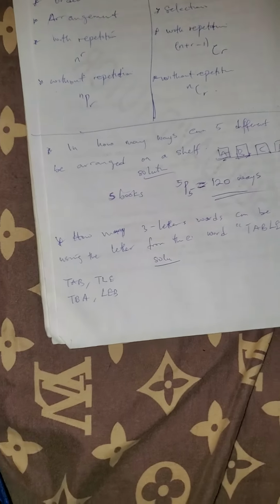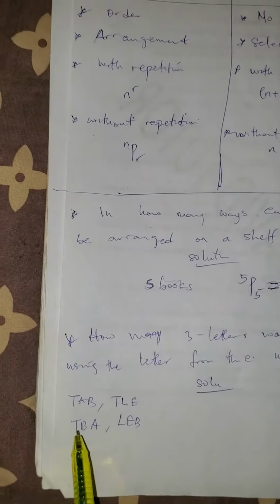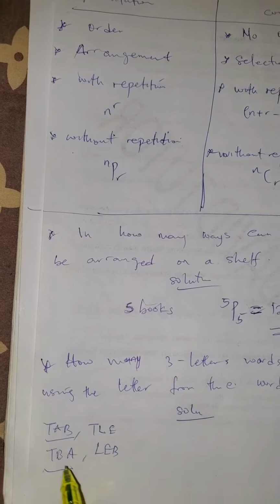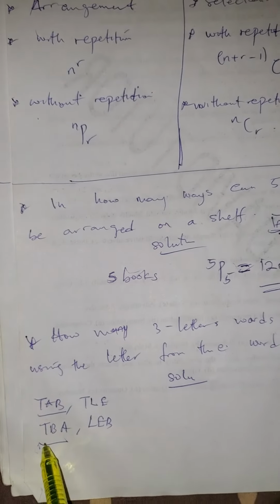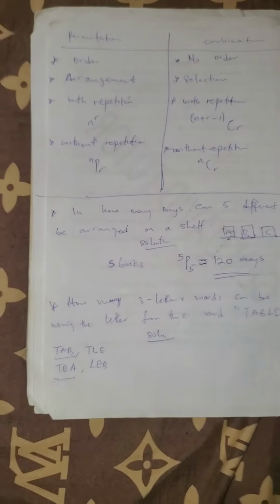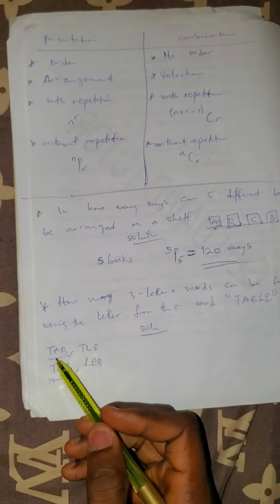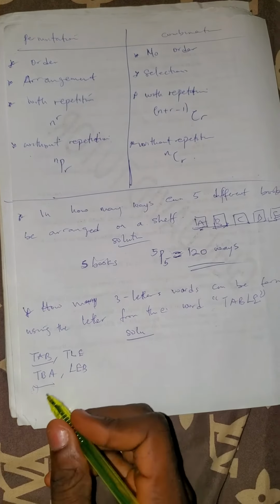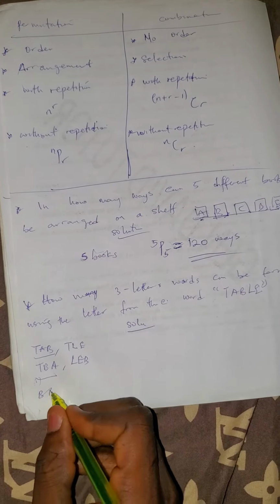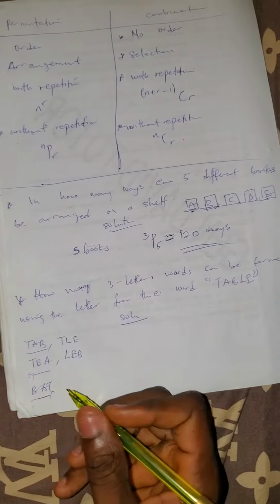Now, the reason why the order is concerned, and don't forget that this is a 3 letter word, this is also 3 letters. There are different 3 letter words, but don't forget, here T starts first. Even I can have BAT, it's still 3 letters.